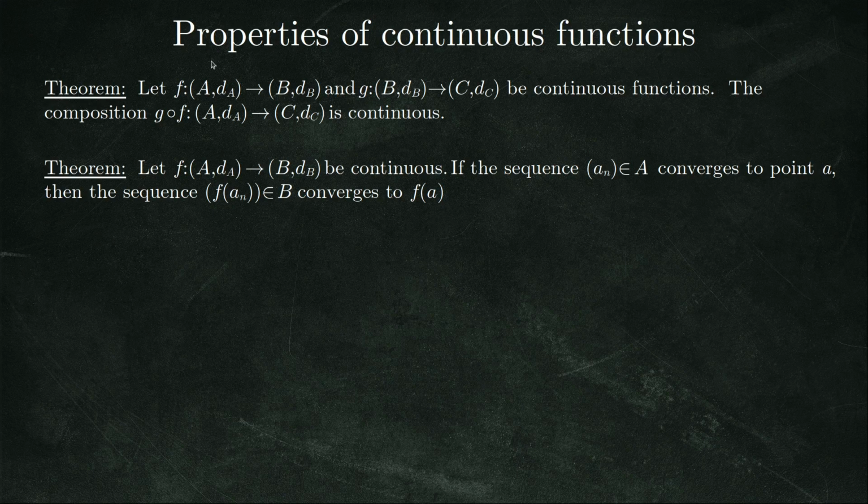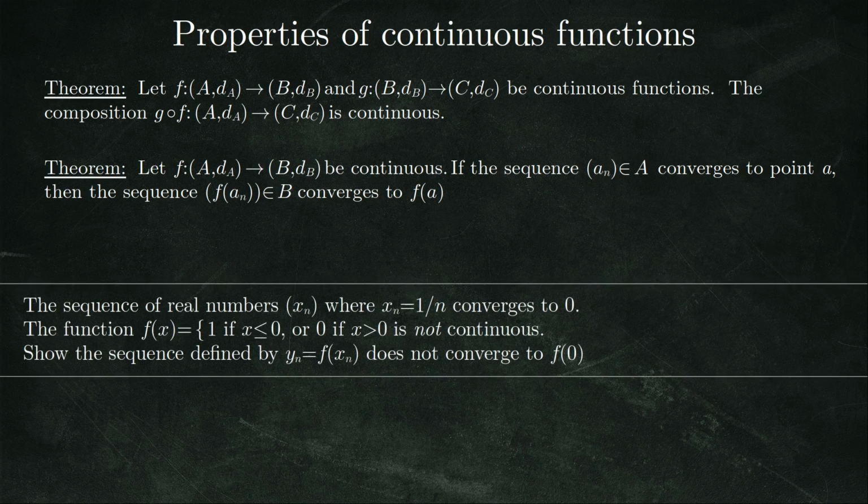Okay, now you've been able to read through the theorems, let's go through an example. So if we have a sequence of real numbers, which is given by 1 over n, well, this clearly converges to 0.